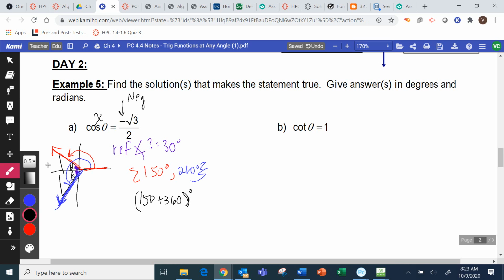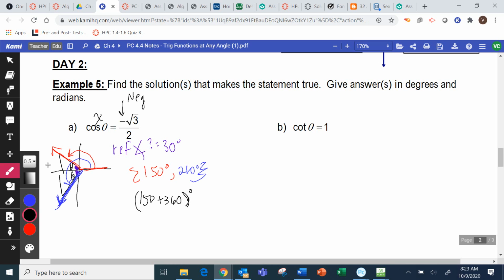A lot? Could I add it 1.5 times? No. How many times could I add 360 and get the same answer? The answer is a lot, but it is not every number.